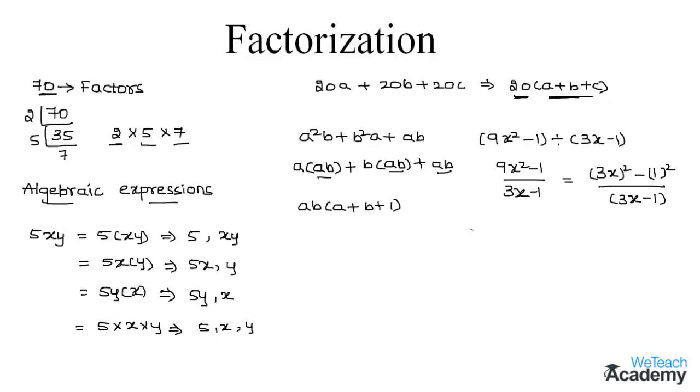In the numerator we observe that (3x) whole square minus 1 square is in the form of a square minus b square, which is given by (a plus b) into (a minus b). By using that identity we can write this as (3x plus 1) into (3x minus 1) divided by (3x minus 1). Now cancel out the terms 3x minus 1 in the numerator and denominator, and thus we get the factor of the expression as 3x plus 1.